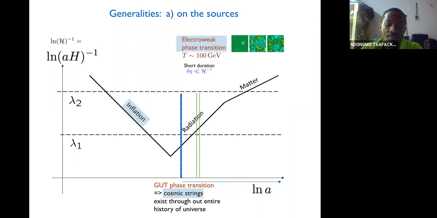So perhaps after inflation, we could have matter first, and when the universe becomes cold enough, then let the radiation escape. Yeah, so you're right.